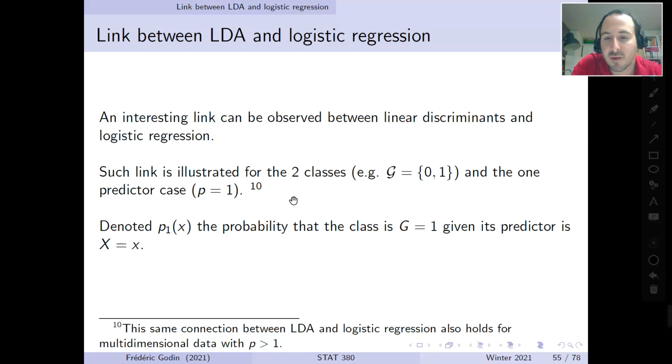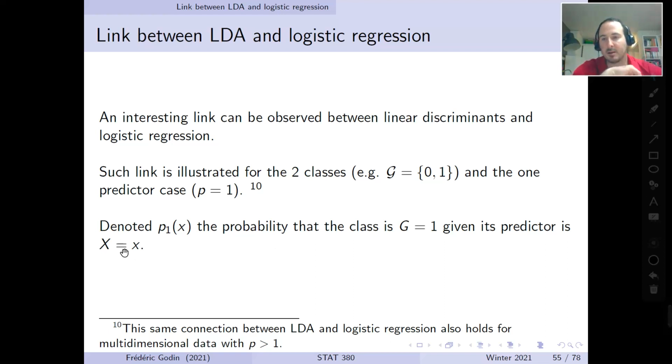However, this connection can still exist within a multidimensional setting when there's more than one predictor, but just to make the explanation simple, we will illustrate it for the case of a single predictor.